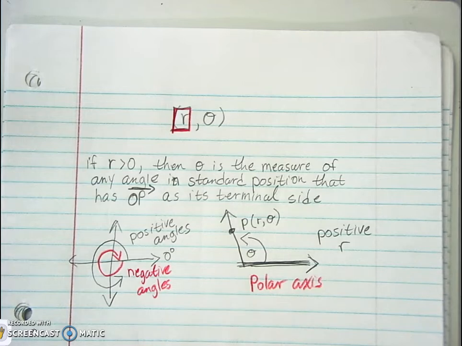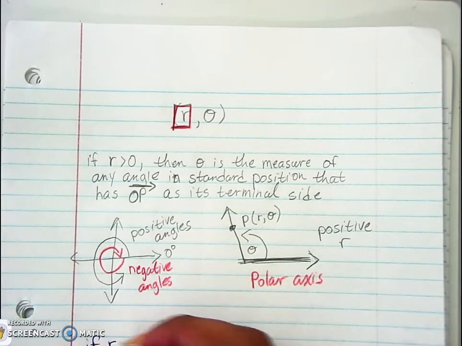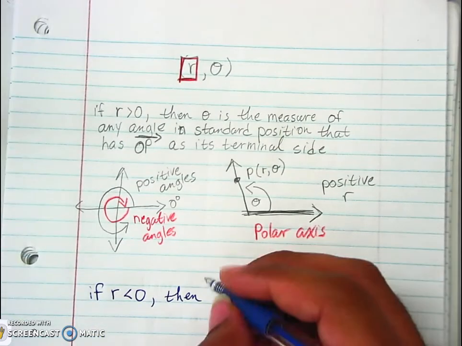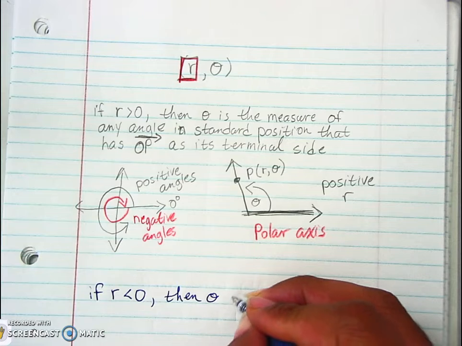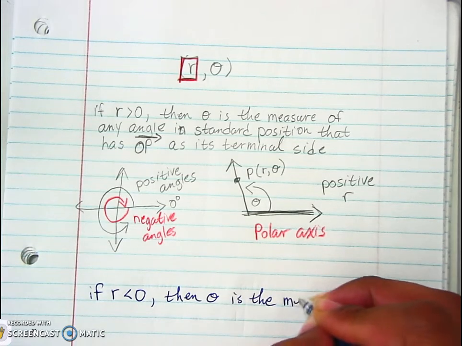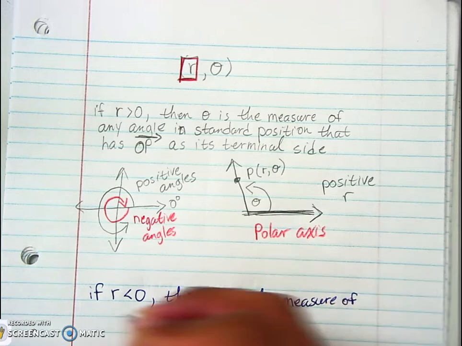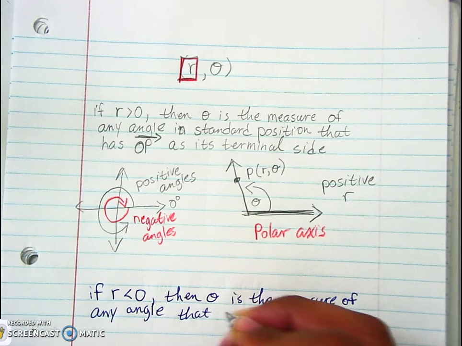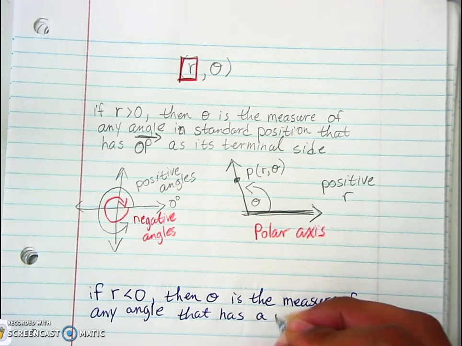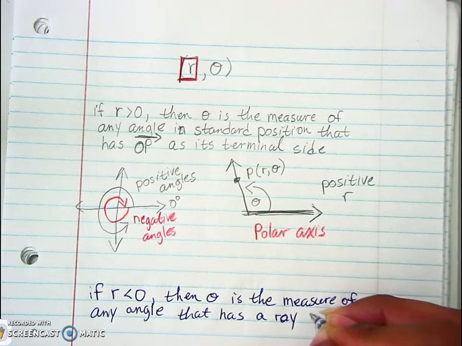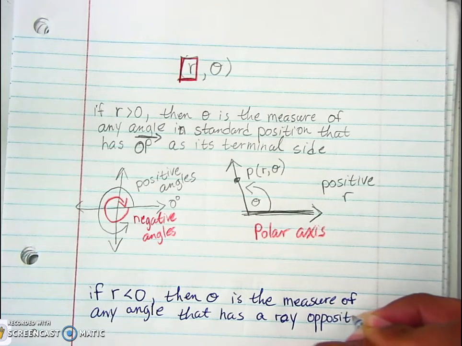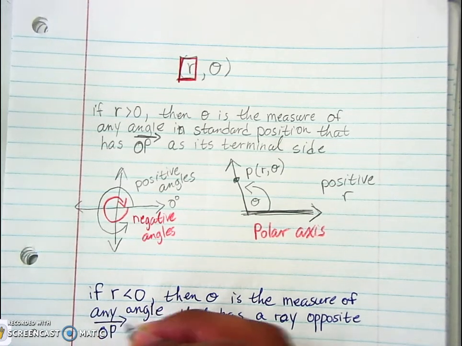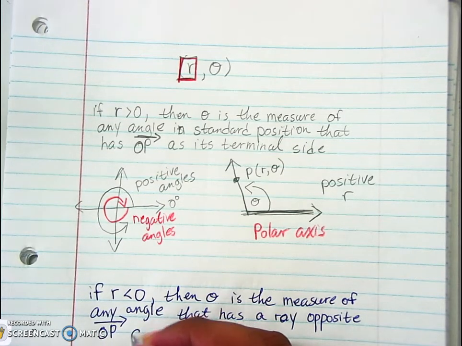Now, to do the opposite part, if r is less than 0, sorry, if it's less than 0, then theta is the measure of any angle that has a ray opposite OP as its terminal side.